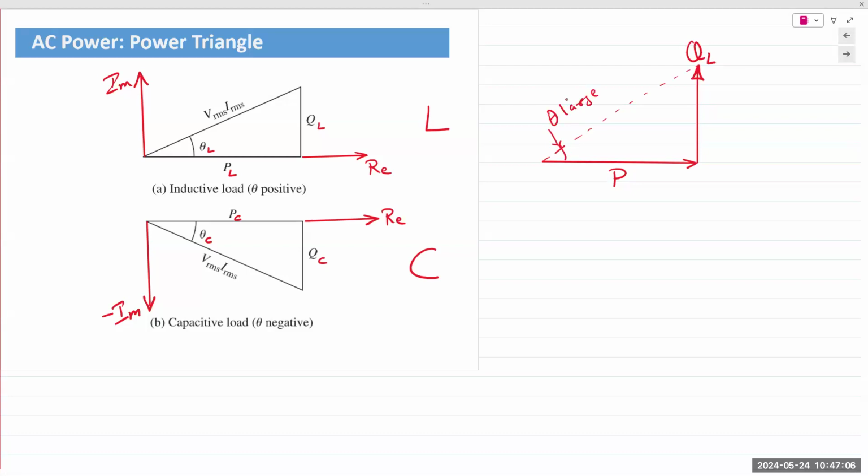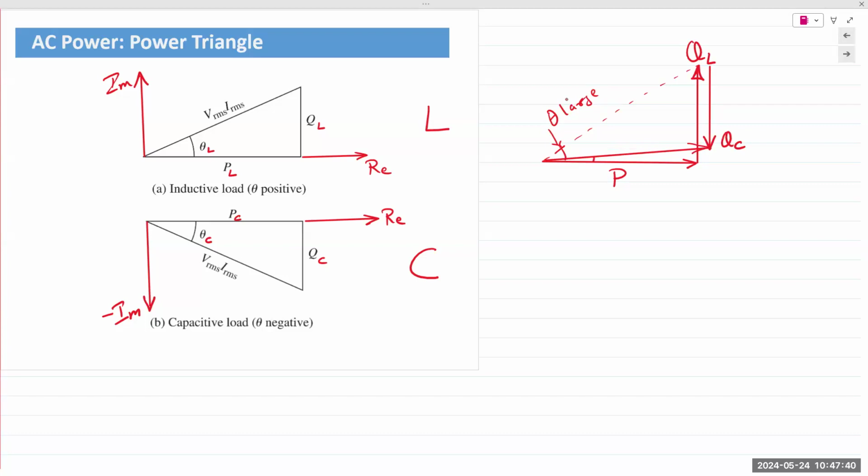If you place a capacitor in front, the requirement for QL goes down. QC brings it down because it points straight down. So your end result is quite a bit smaller.